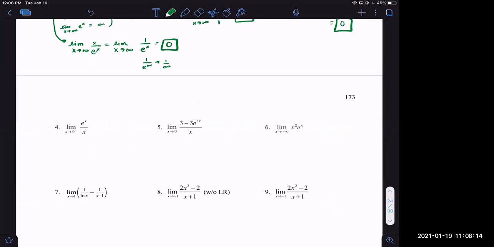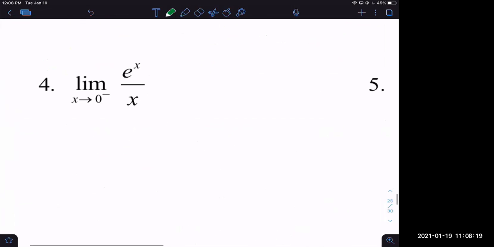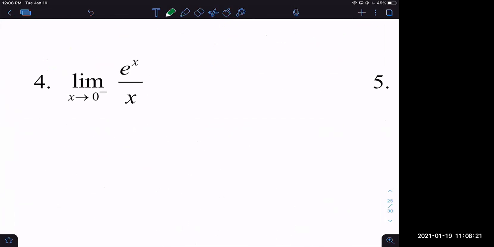Okay. The next question, 4, is almost the same. I guess they flipped it, but we're approaching 0 from the negative side. Quick reminder, if you're taking a limit to a constant from the positive or negative side, you don't really have to worry about it if you can plug in regular 0. So like e to the x, I can plug in 0, so that's just e to the 0. That's fine. The bottom, I can't divide by 0, so I can't plug in 0.